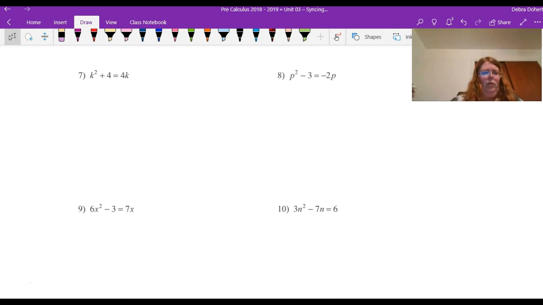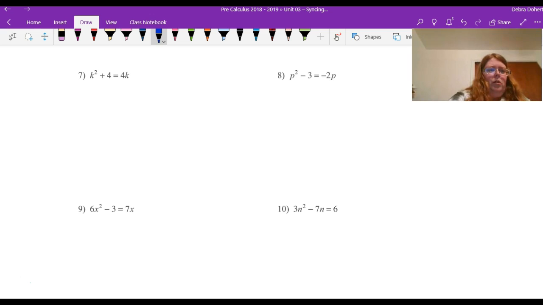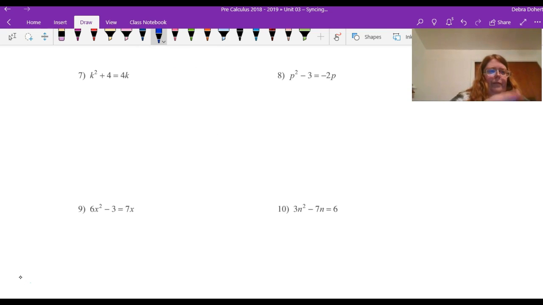Number 7. Now we've got the 4k on the wrong side. I'm going to make that pen just a little bit thicker. I like the thicker pens. So now we have k squared.